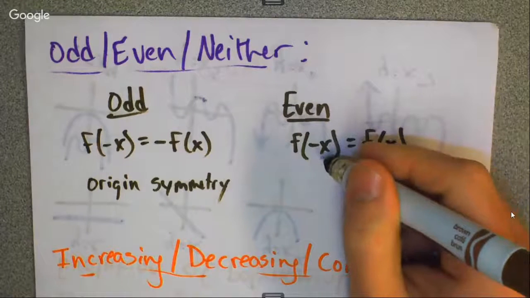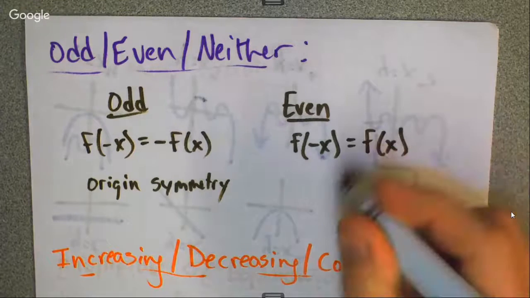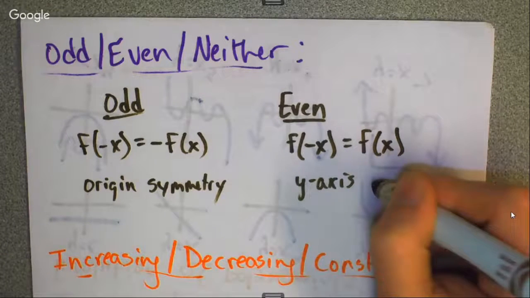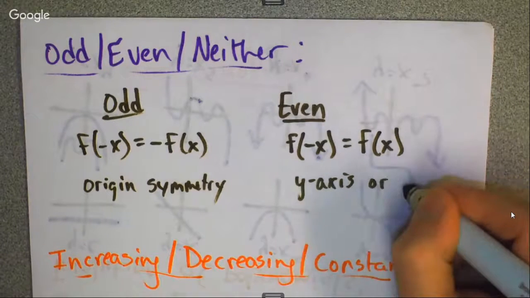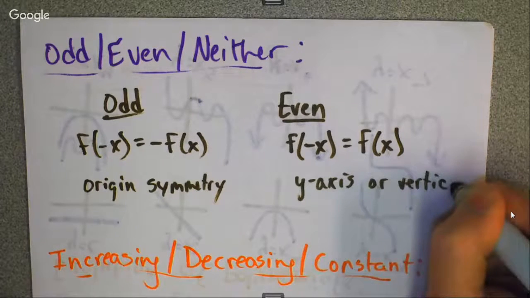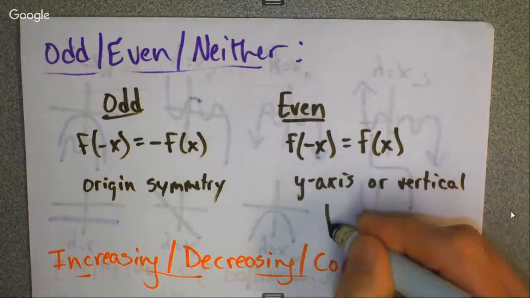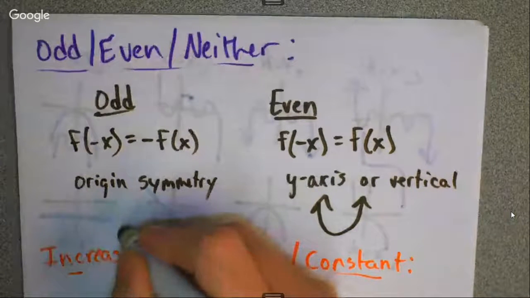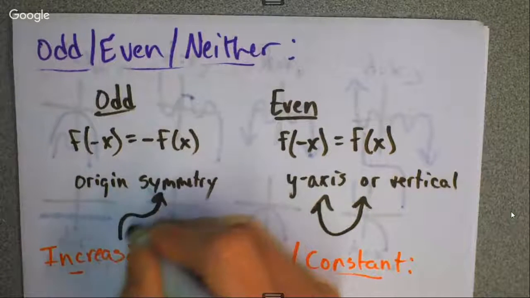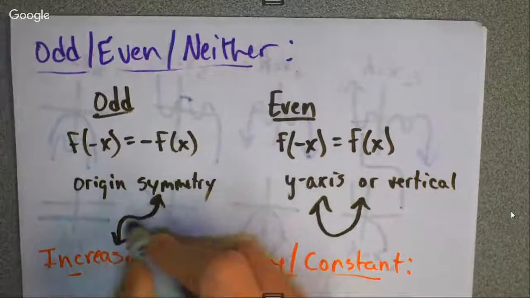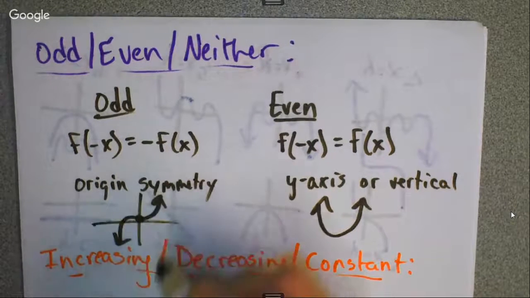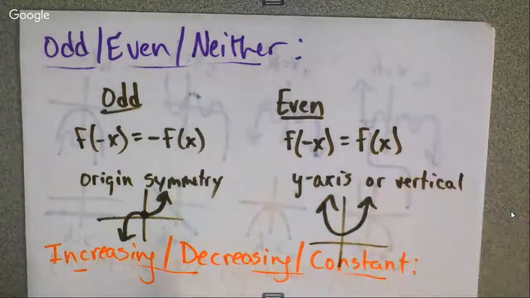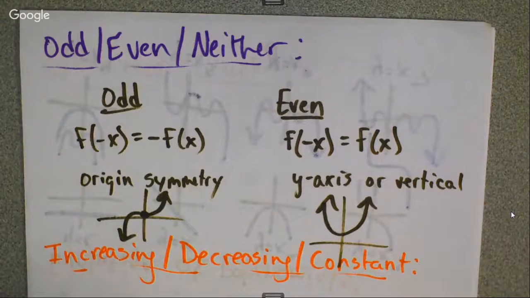And when we talked about that, we said that that had y-axis symmetry or any vertical line, such as that graph, a parabola. Okay, an example of odd would be something like this. Okay, it has symmetry about this origin right here. Okay, y-axis symmetry or any vertical line symmetry. Okay, so that's odd and even.